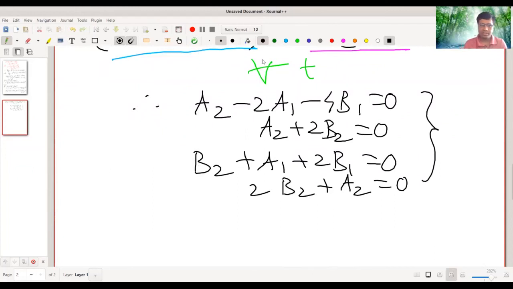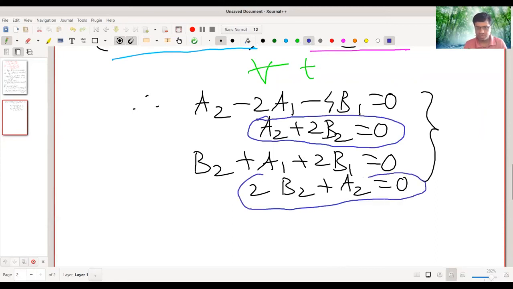Note that these are not independent equations. If you check, the second equation is the same as the fourth one. So we will not get a unique solution, but we need a non-trivial solution.